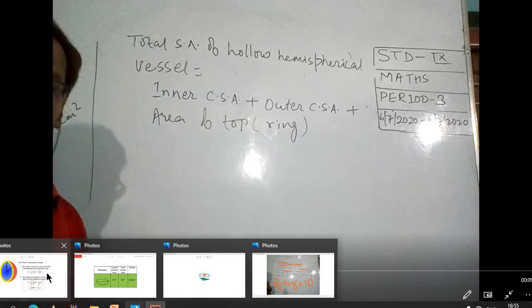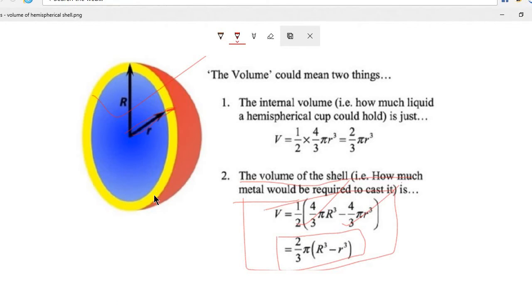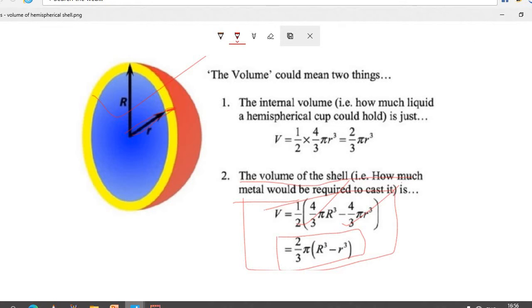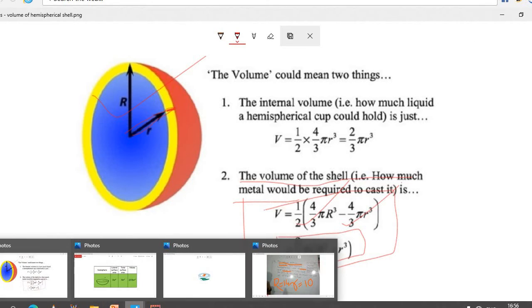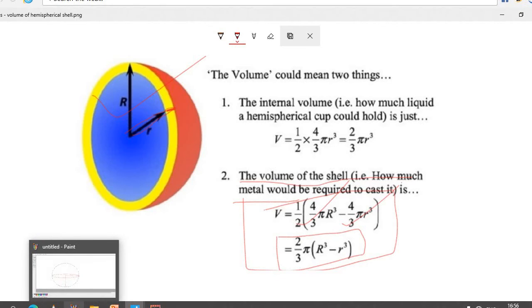From this figure, see, this yellow part is like a ring, no? And this is the top. I have to paint that also. So in that case, the cross-sectional view will be like this here. If I draw only the sphere, its cross-sectional view will be like this only.